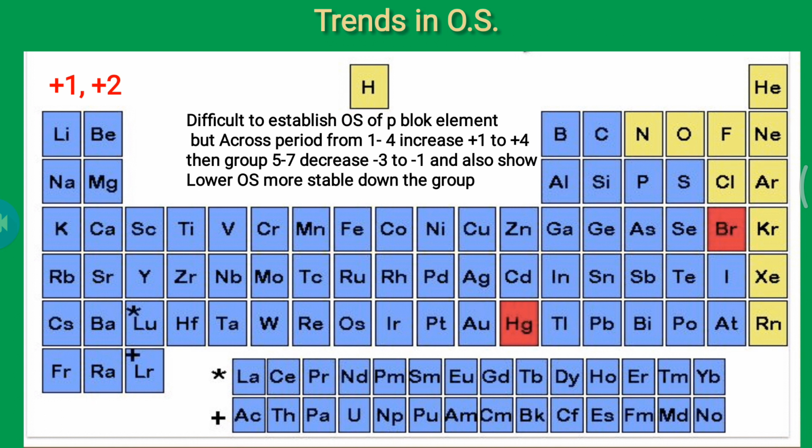Nitrogen shows -3, oxygen shows -2, and fluorine shows -1. Lower oxidation numbers also become more stable down the group. So this is the trend of oxidation number in the periodic table.